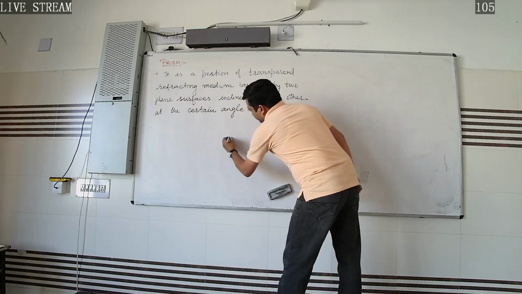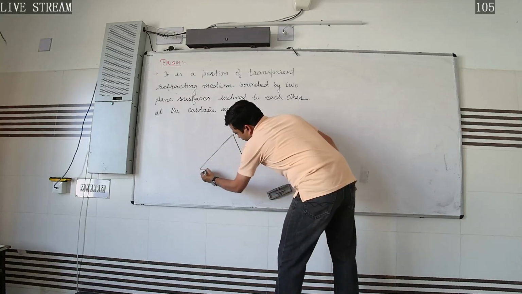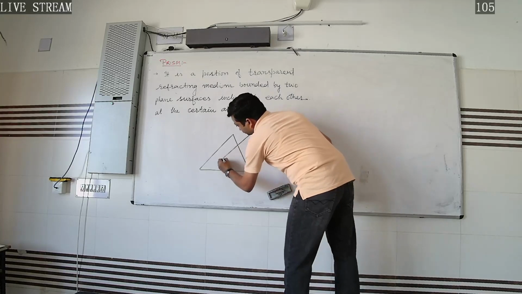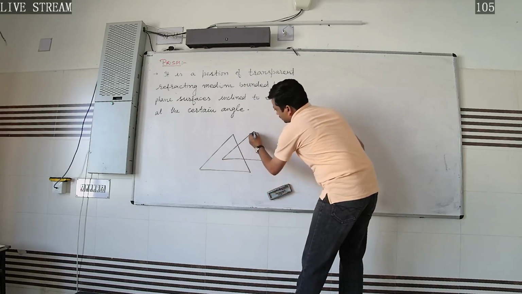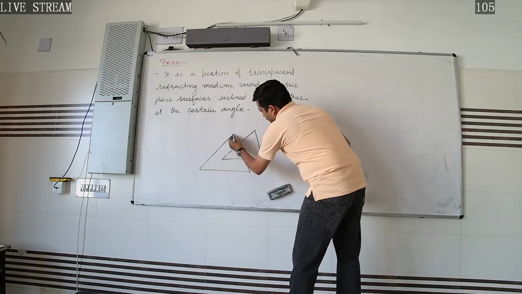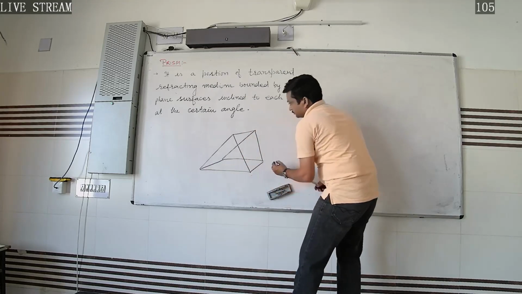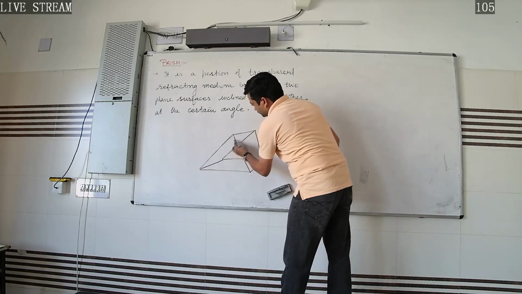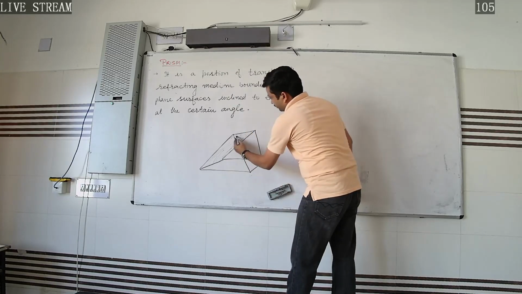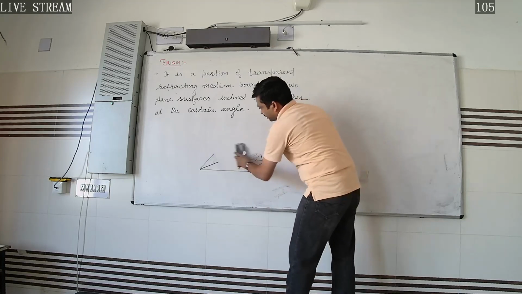Here, how can we explain it diagrammatically? Let us consider the two plane surfaces. This is the first plane surface and this is the second one. So again I am drawing it.